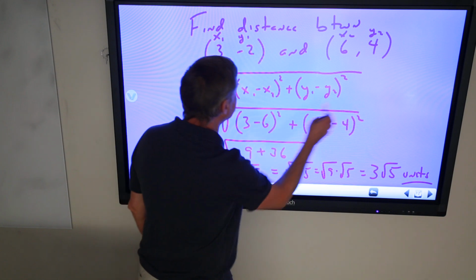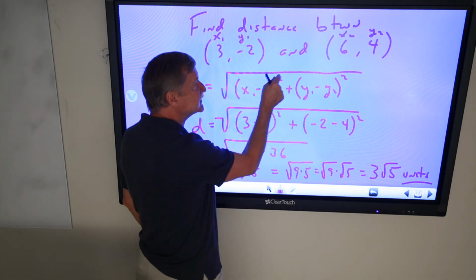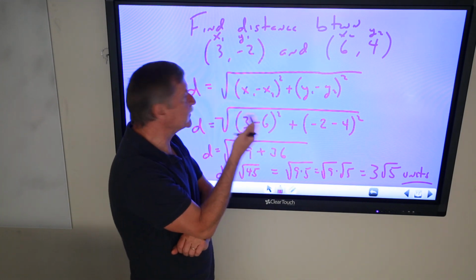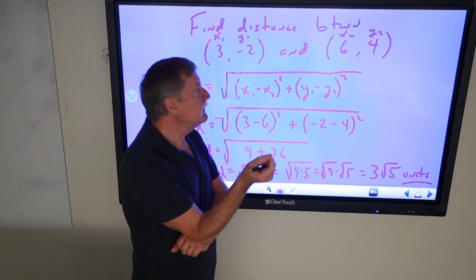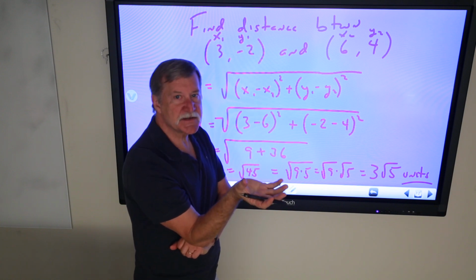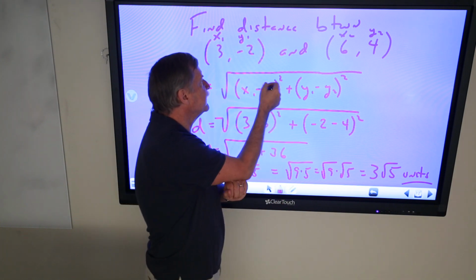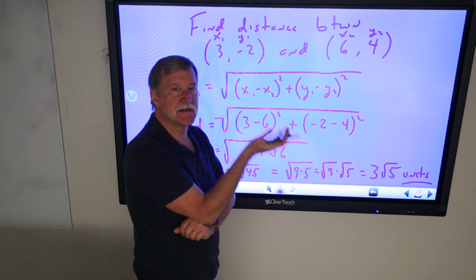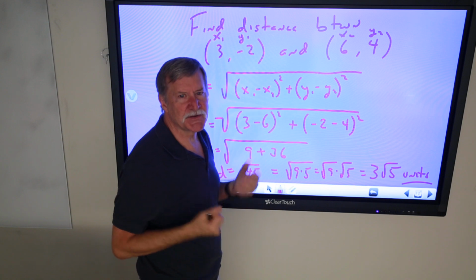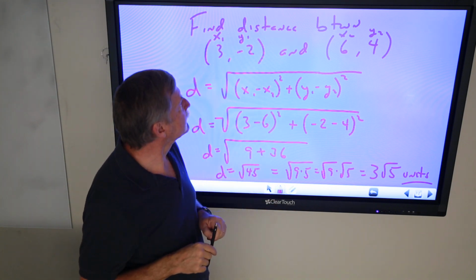So the distance formula says we take the difference in the x's and square it. And see, that's why it doesn't matter which one is 1 and which one is 2. If you come up with a negative value, it's going to get squared and become positive no matter what. The idea of squaring a difference always gives you a positive value, which is good because we don't want any radicals with a negative in it yet. All right?